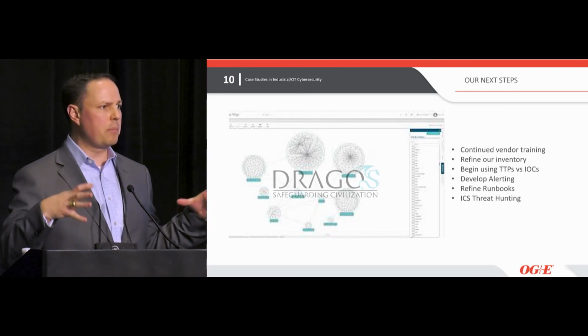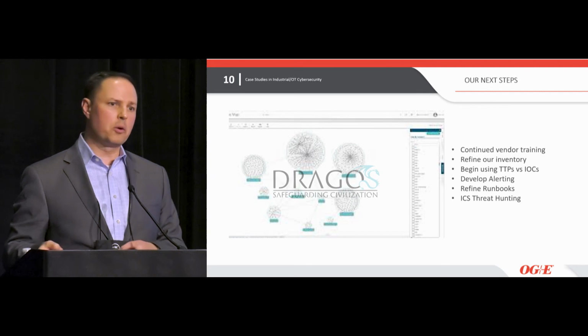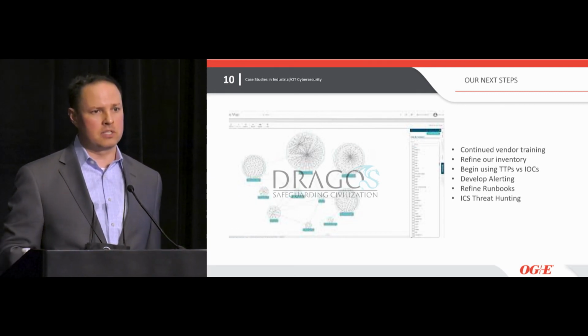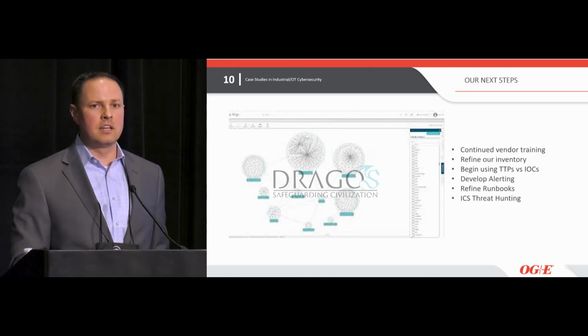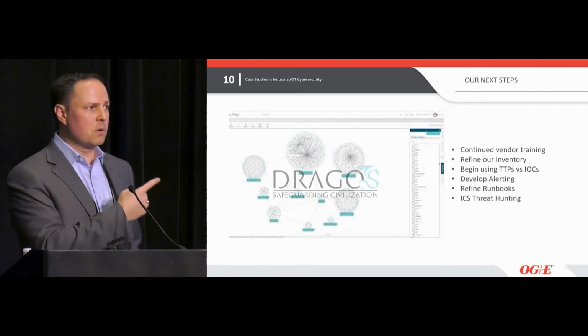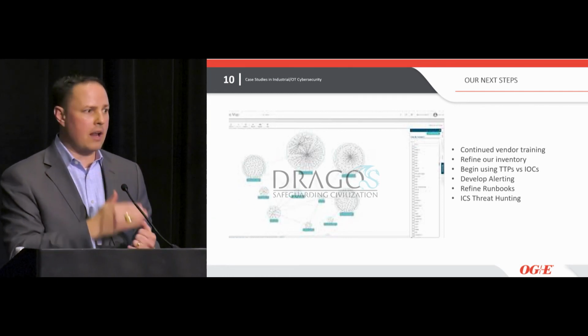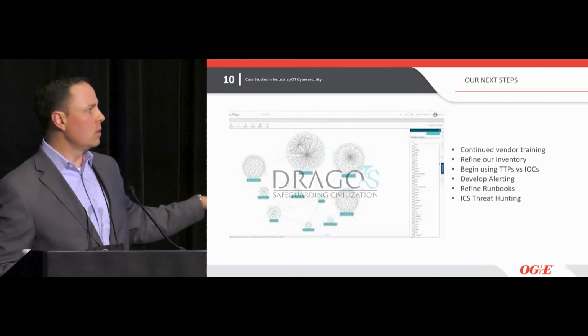Our DCS for a power plant is pretty static unless there's an overhaul. But on other parts of our business, we're adding new devices all the time to help increase our capabilities around service for our customers. That's the area where the refined inventory is. But also, as our vendors mature and they learn more about how devices communicate and fingerprinting and that sort of stuff, we're using those things.